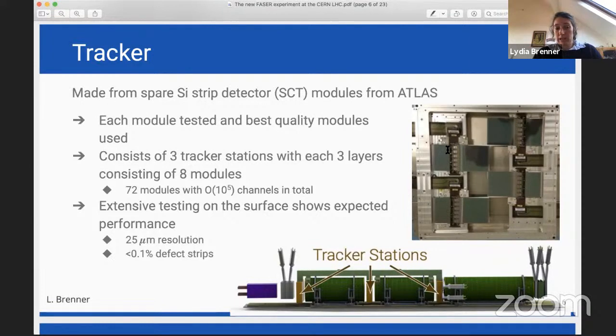We had extensive testing on the surface, which showed the expected performance, which means that we have about 25 micrometer resolution and less than 0.1% defective strips. In the bottom, you can see again where the tracker stations can be found inside the detector.